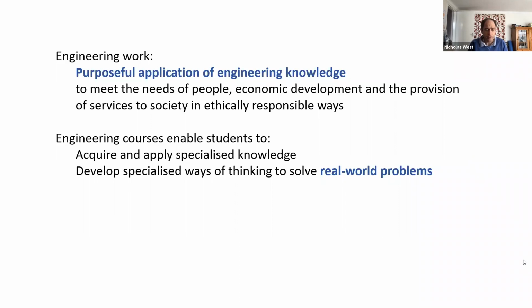On the one hand, one has the purposeful application of specialist engineering knowledge, which is used to meet the needs of people and society. But all this has to be done in an ethical way. One needs to be cognizant of socioeconomic issues, as well as the possible environmental implications of your engineering work.